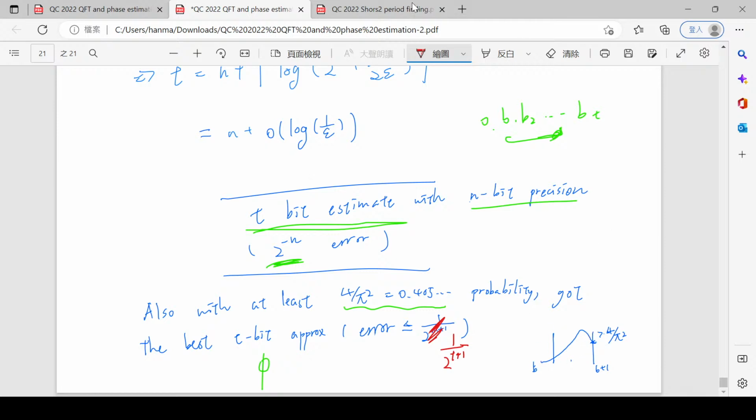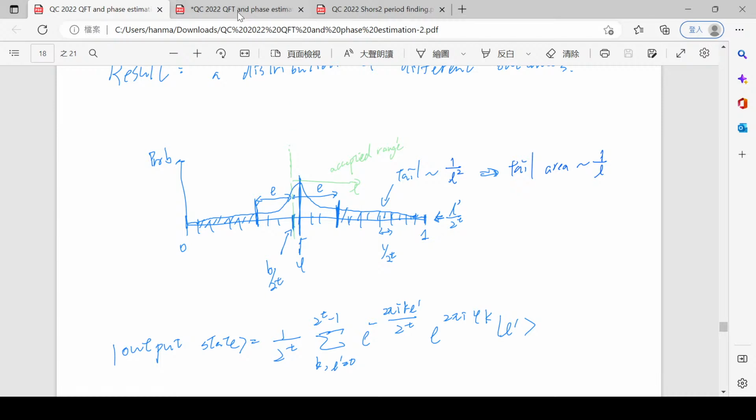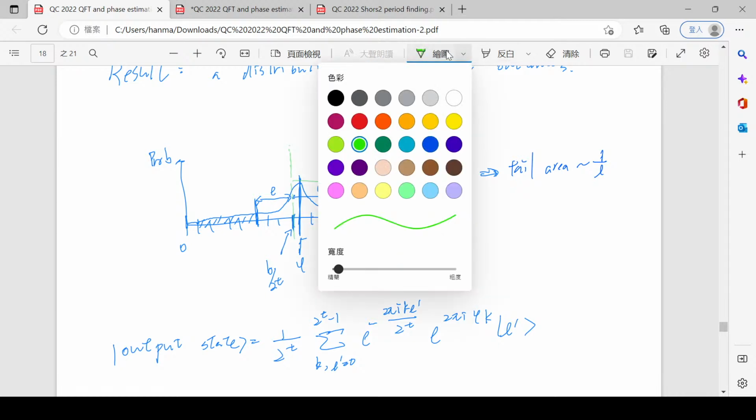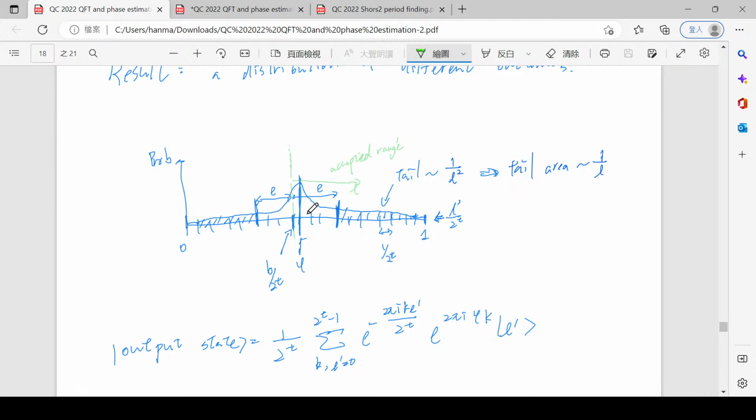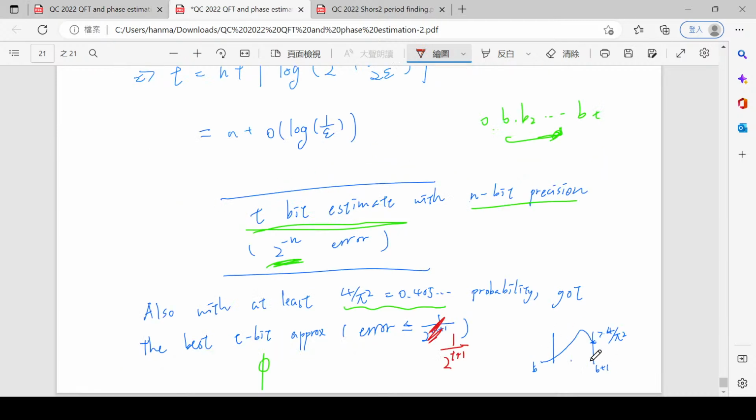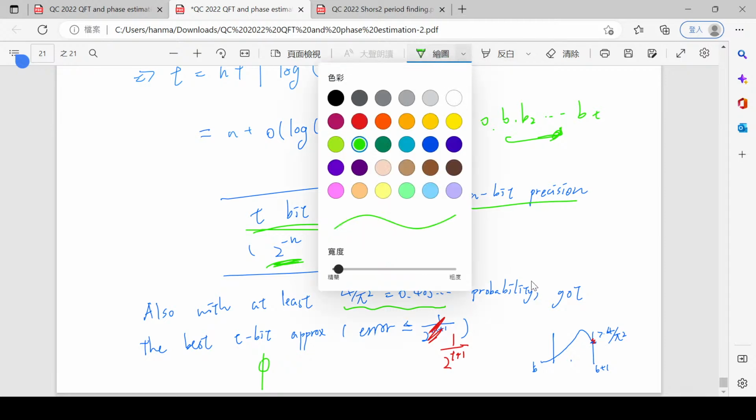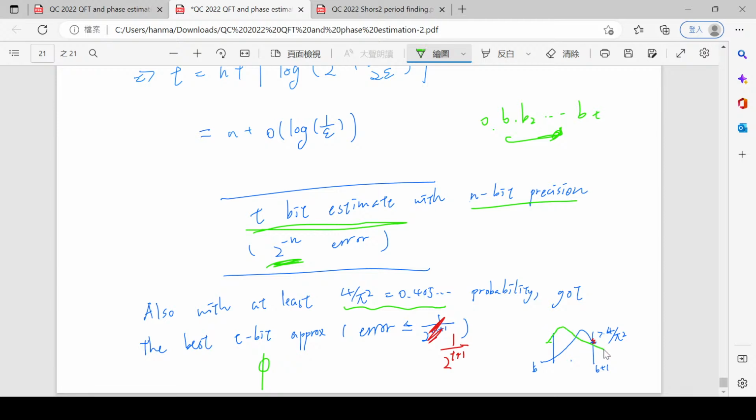In this picture, if we look at this part closely, this means the closest tick has the highest probability. If the peak is on the right-hand side, then this is the highest. Otherwise, you might have something like this, and then this will be the highest.